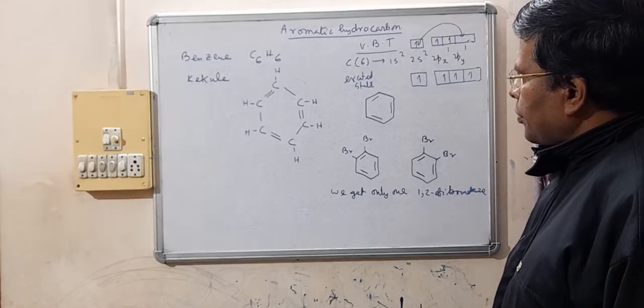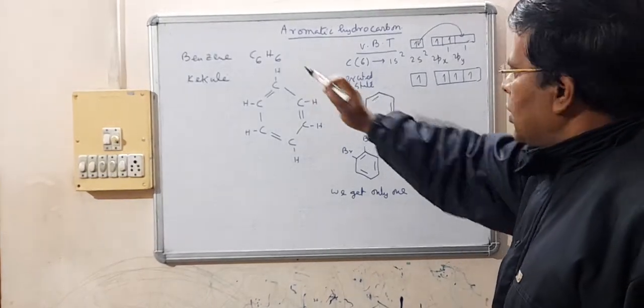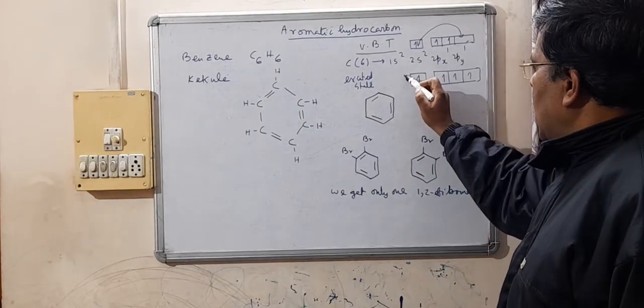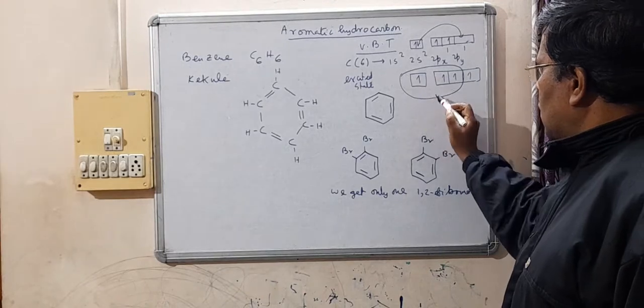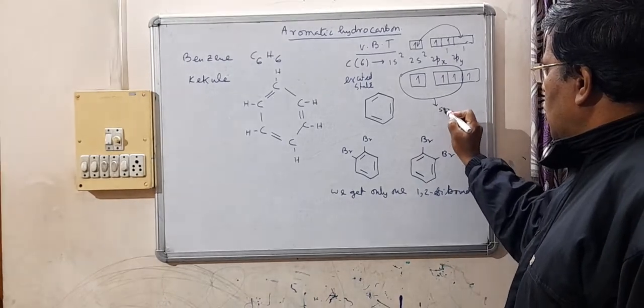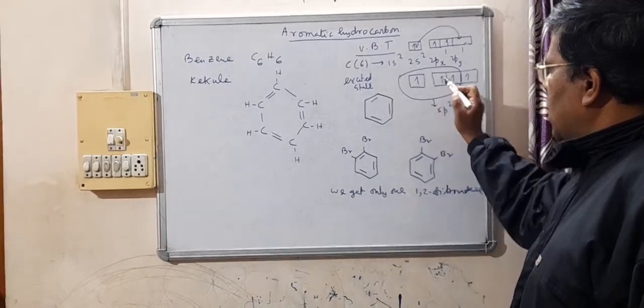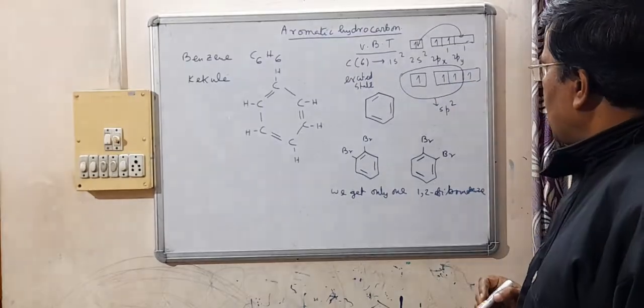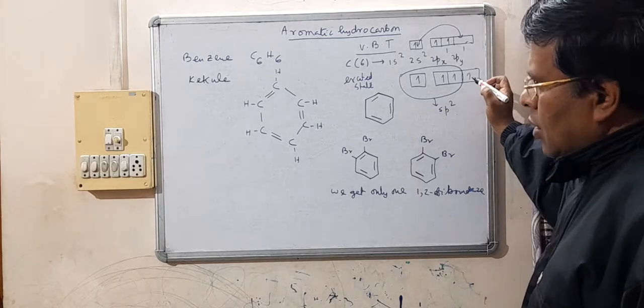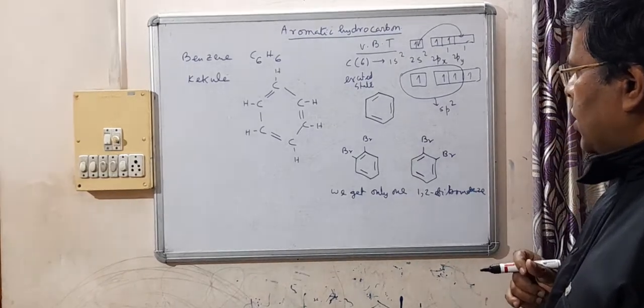And carbon in benzene is sp2 hybridized. So the s orbital, px and py take part in mixing, whereas pz remains unhybridized.